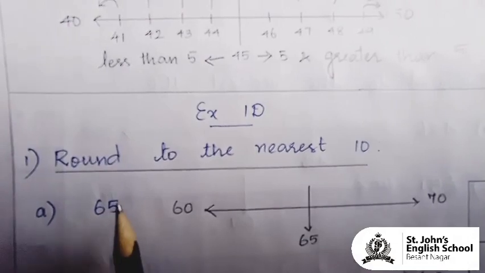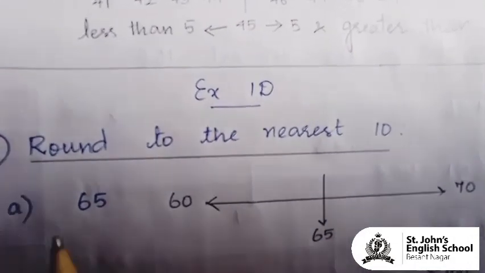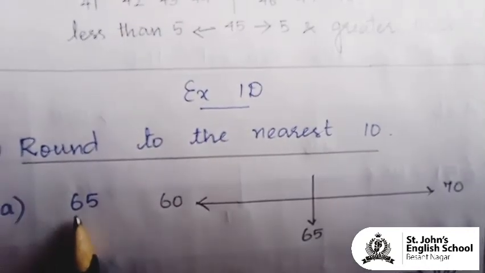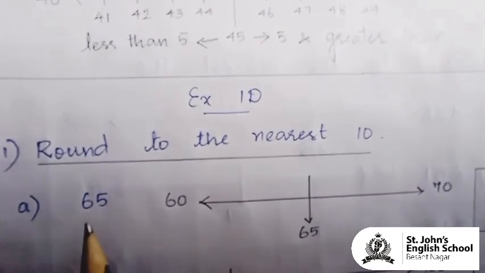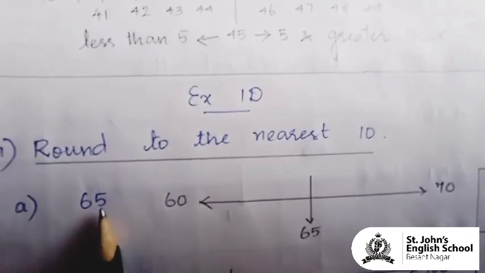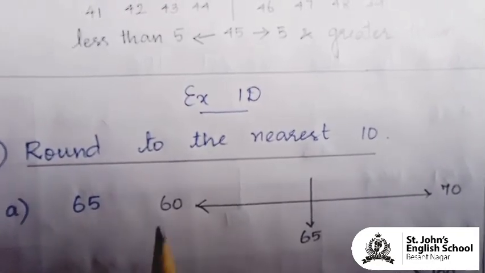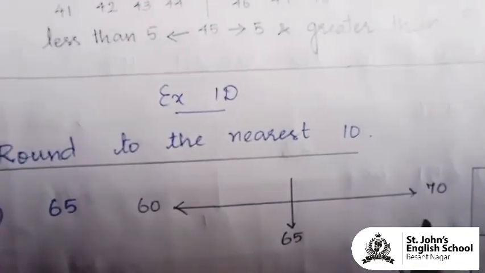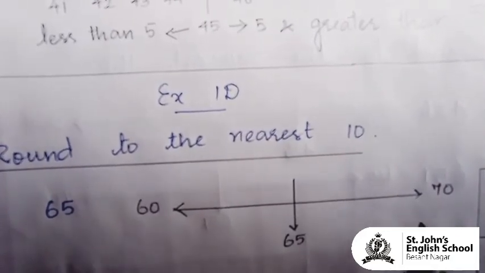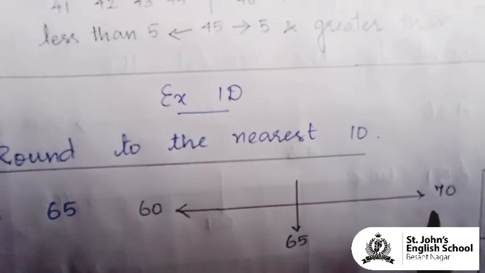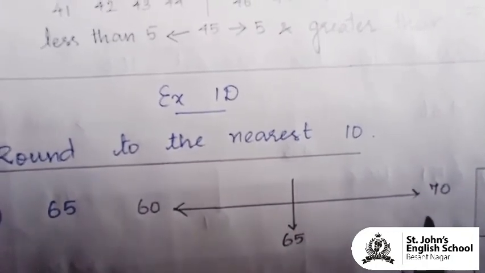The first sum, round to the nearest tens. The first question is 65. When I look at 65, I should tell whether the 65 should go to the beginning, that is 60, or to the end, that is 70. These are the two extremes. So 65 is in between 60 and 70.